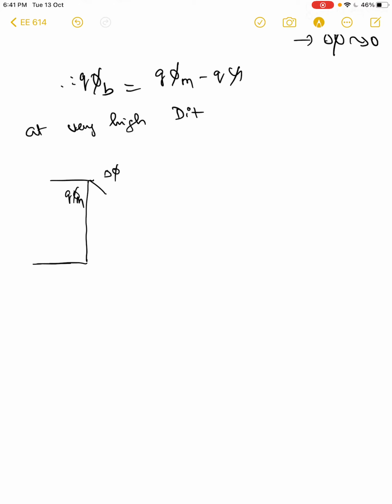And you have some drop here which is Q chi, and our depletion width goes here. If I have a lot of defect densities here, you can see that most of the charge which goes from metal to the semiconductor will be from the defect sites, and there will be no change in the depletion width or the reduction in the electron density at the interface, right?